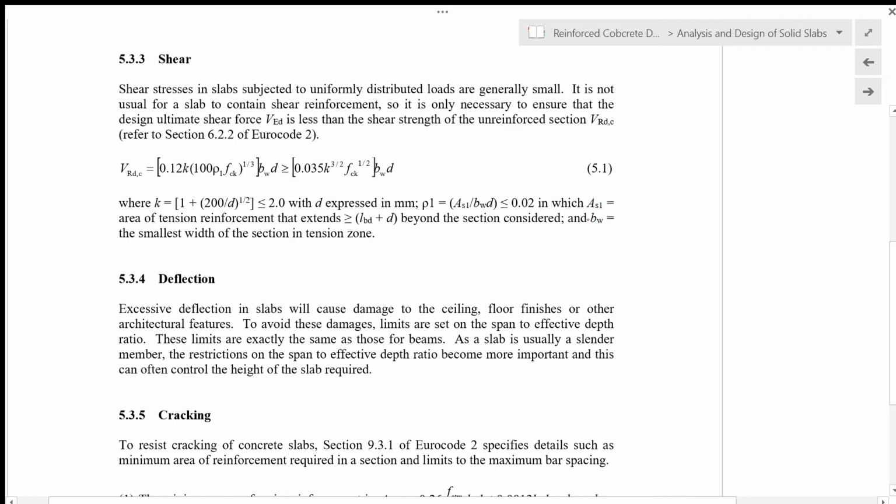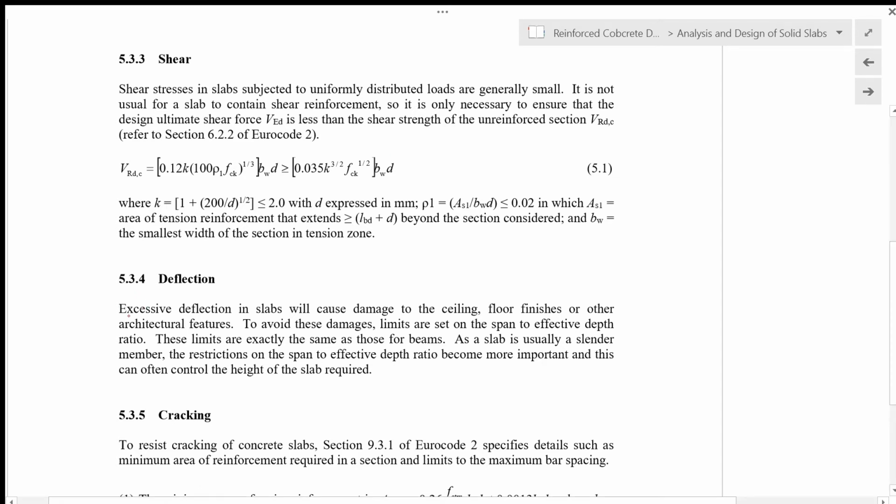So in this case, our slab is normally 1 meter width, so bw is normally 1 meter or 1000 mm in the equation. And then d is the effective depth of the slab that we are designing.